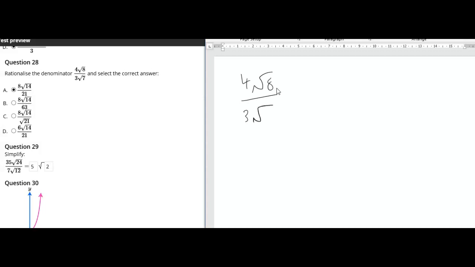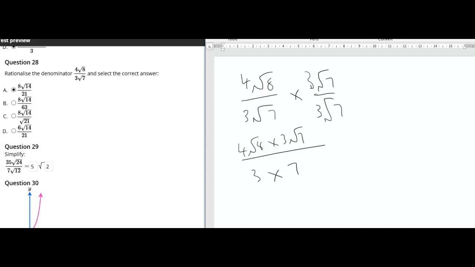We're multiplying just a single term on the bottom, 3 root 7 over 3 root 7. On the bottom, we're going to have 7 times root 7 is root 49, so it's just 7. And on the top, we've got 4 root 8 times 3 root 7.